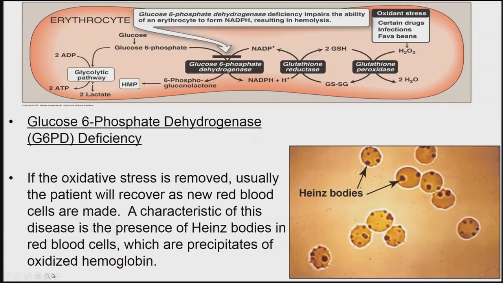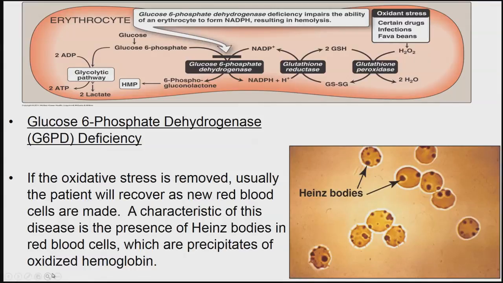Anyway, this is the most common enzyme deficiency that causes a hemolytic anemia. So one of the things when you're doing a differential, when you've got a hemolytic anemia, is you would be looking at both possibly pyruvate kinase deficiency and G6PD deficiency, as well as some other things as well.